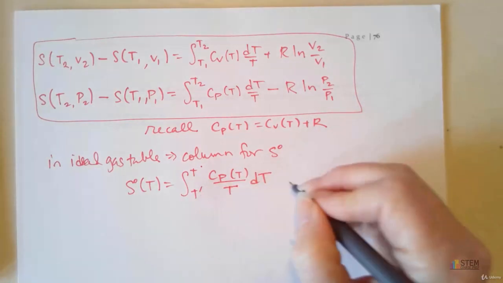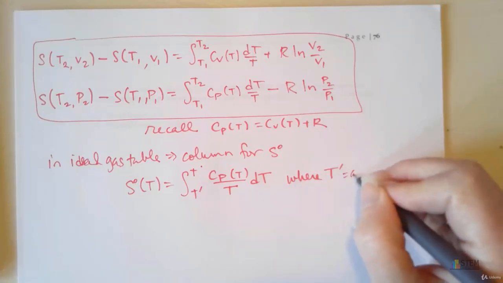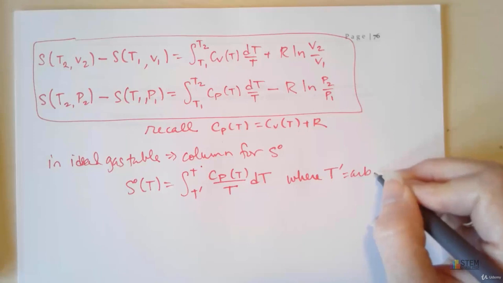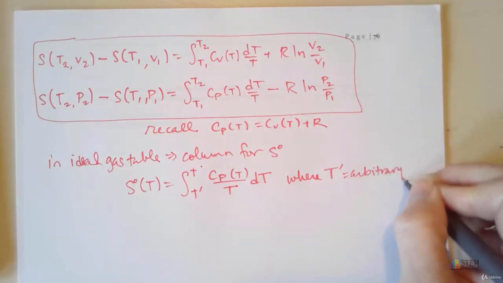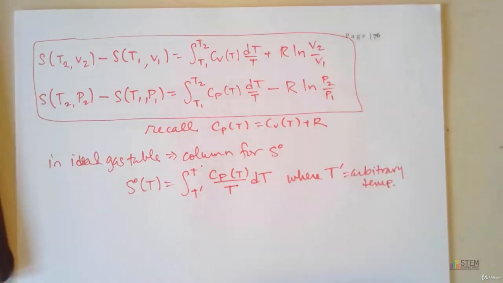Now this T prime is an arbitrary temperature. Now, that probably didn't make any sense. So why in the world do we need this? What is this for?